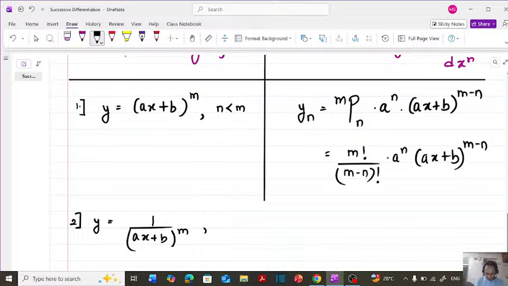Okay, here what is going to happen? The formula for yn is a bit different here.